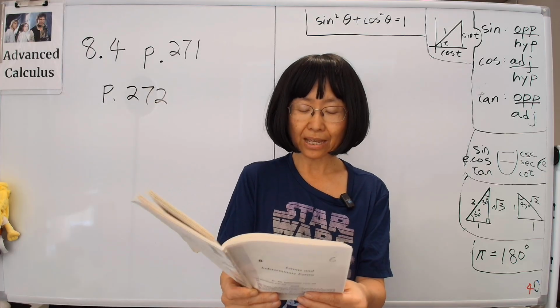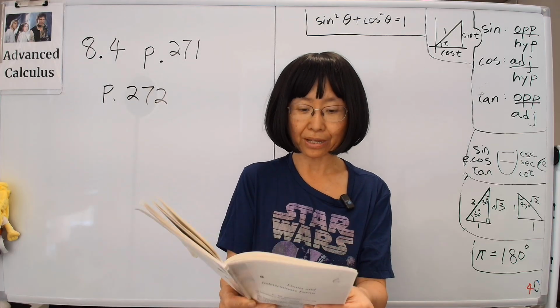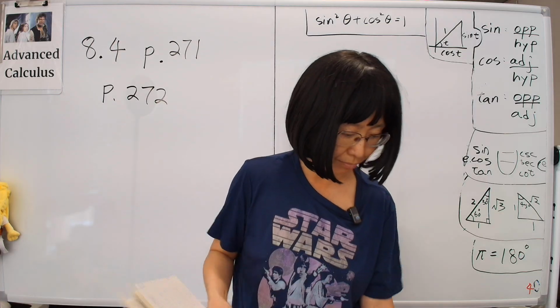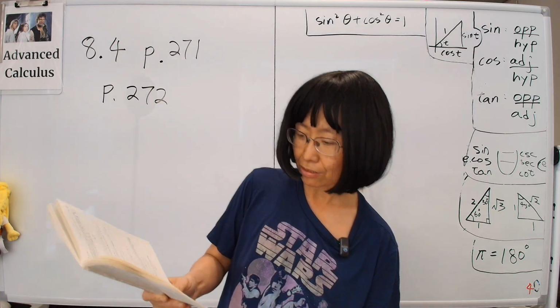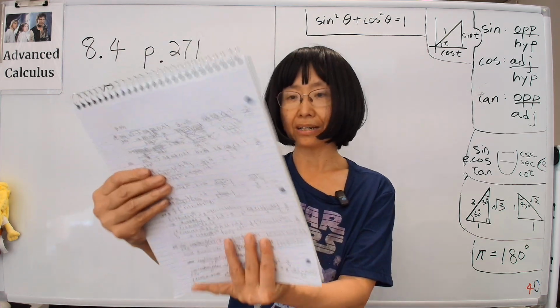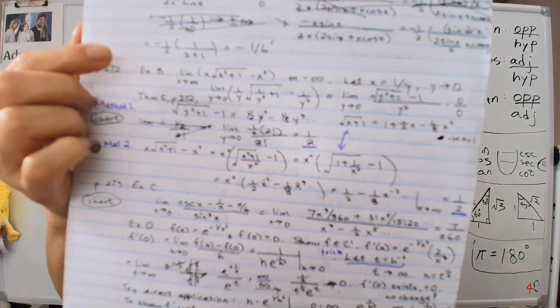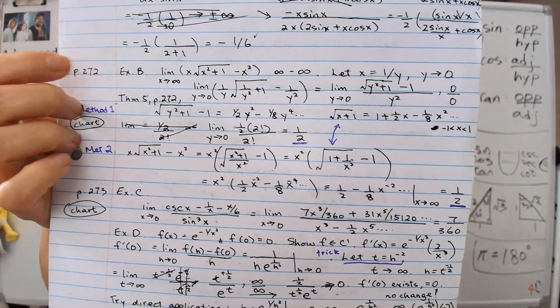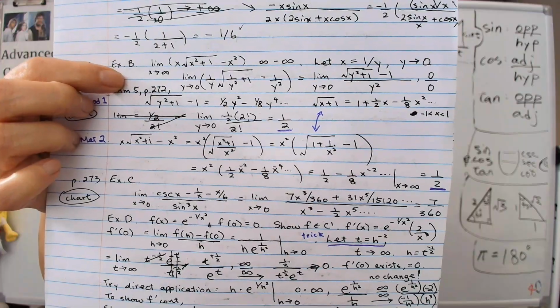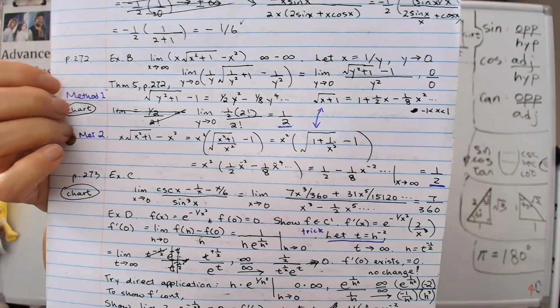So next, let's look at example B. Well, please do example A, of course. Now, next, let's look at example B, which please also do yourself. It's a matter of cranking out the Taylor expansion. Okay, so example B, to do what the book says, let x equal 1 over y, and then we crank it in and it equals that, and so on.